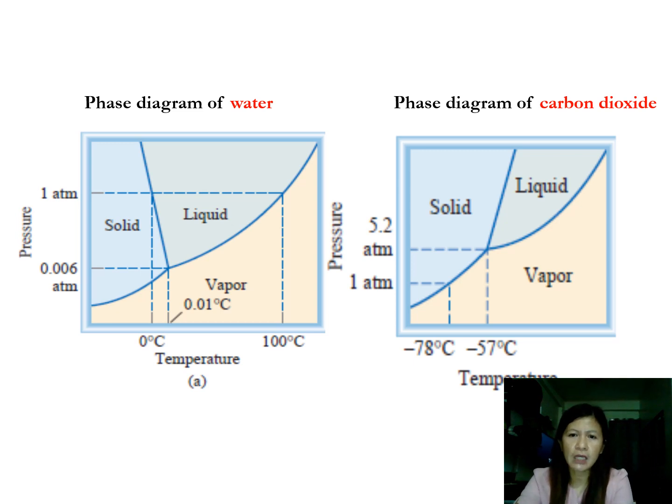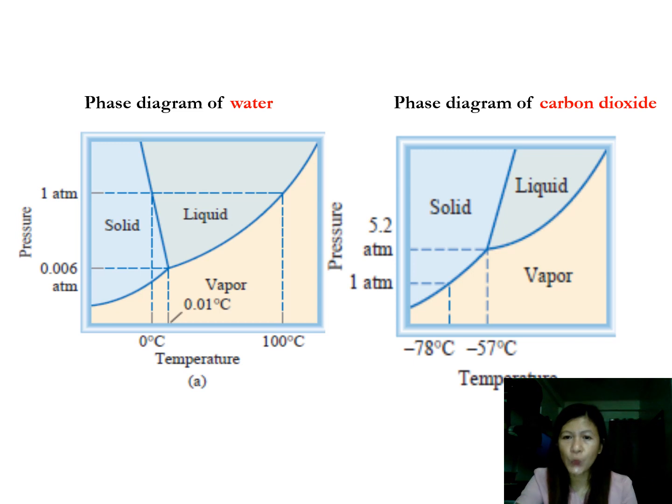Let's have the liquid state. At 1 atm, it can never be possible that carbon dioxide will exist as liquid at same conditions as water that exists in liquid. If water exists as liquid from 1 degree Celsius, for example, ang carbon dioxide ay hindi.